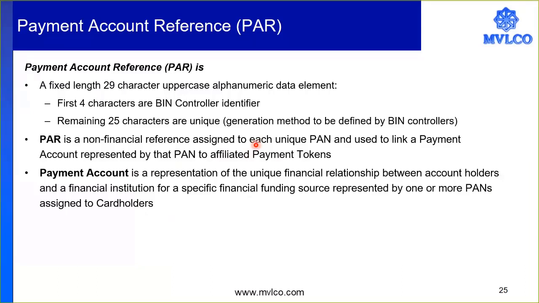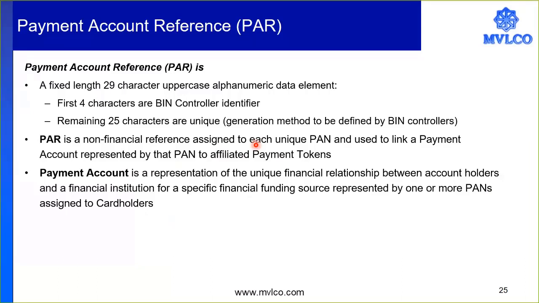Right? So I have one payment account under which I can have multiple PANs. For every PAN, I will have a PAR. And because for every PAN I will have multiple tokens, all those tokens would again be linked back to the same PAR, because my PAR and PAN have a one-to-one relationship. Correct?